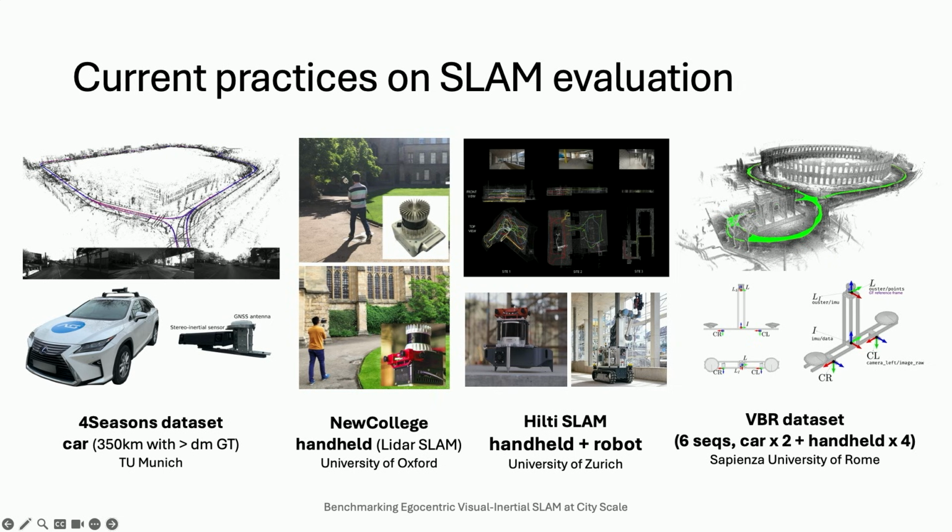I think that's understandable, because they need to build the whole sensor suite and mount it on the car or use it through handheld recordings. In the end, they only have 6 sequences available, while our dataset benefits from the development of Project Aria, which naturally makes our recording highly scalable and not blocked by the bulky devices required to construct such sensor suites.